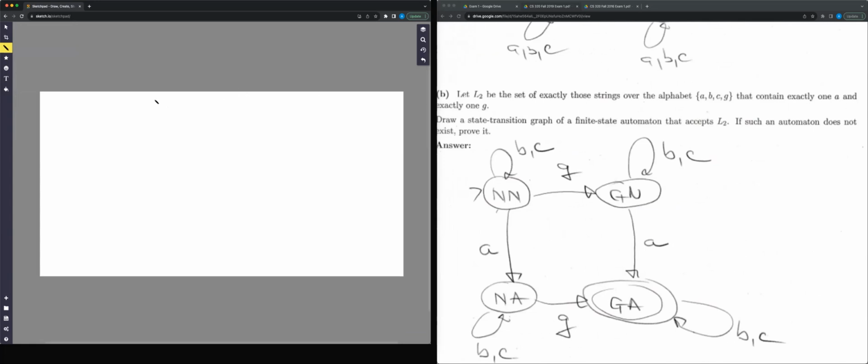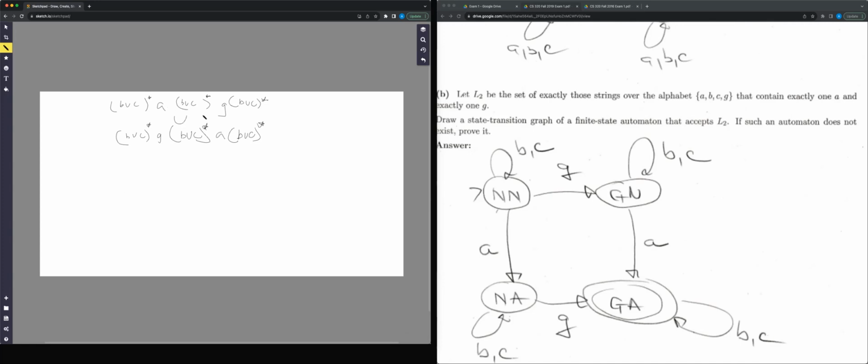You would write B or C star, A, B or C star, G, B or C star, or B or C star, G, B or C star, A, B or C star. This is exactly one G and exactly one A.